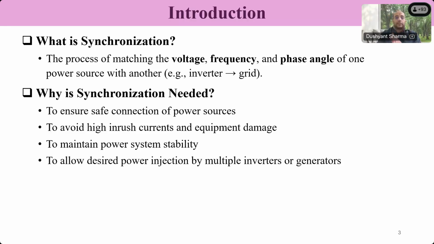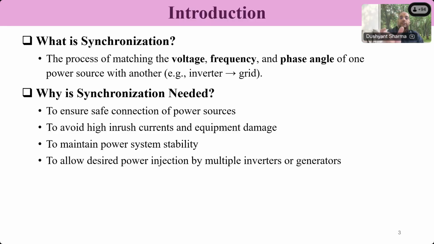Now you can connect them. If you connect them, that means the internal voltage of a source becomes the terminal voltage, which is the bus voltage. So the internal voltage and the terminal voltage are the same, and there is an impedance in between, which is usually the internal resistance of a source.